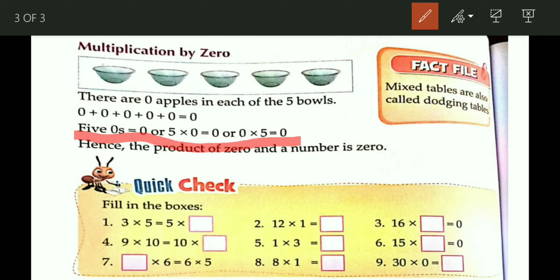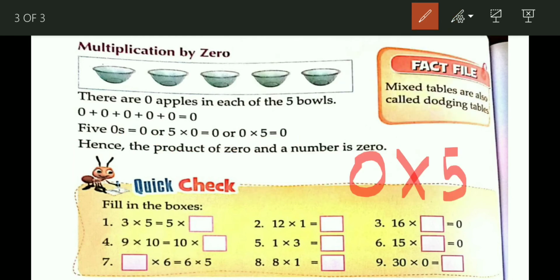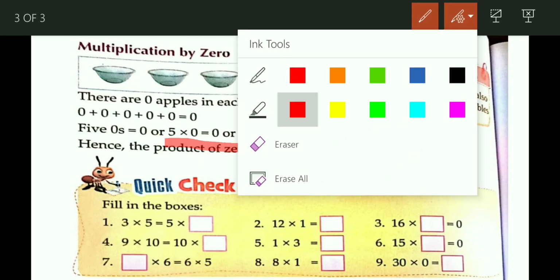So remember whether you write it as 5 into 0 or 0 into 5, what will be the answer? It is the same. Yes or no? The answer will be 0 itself. So what does it say here?